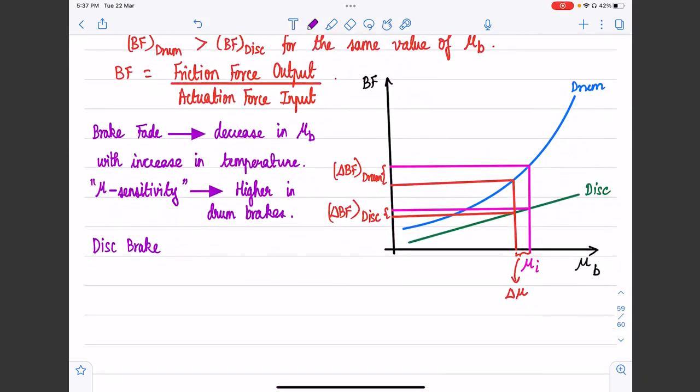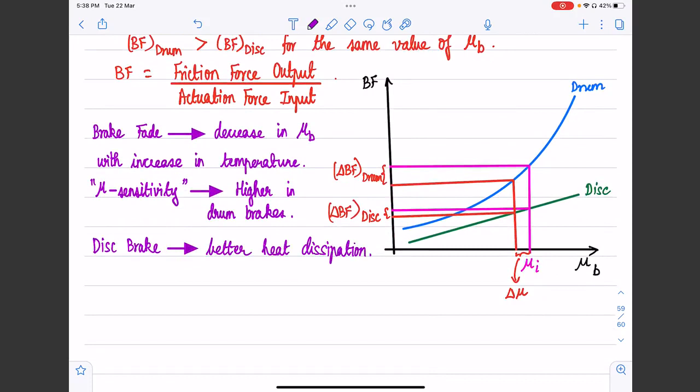So due to all these multiple reasons, disc brakes have better heat dissipation characteristics. What is the impact as far as practical application is concerned? Not only is a disc brake less sensitive to change in mu, given the same operating condition, the delta mu in disc brakes will be lower to begin with.